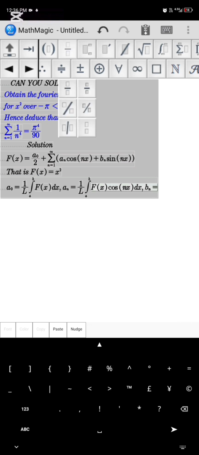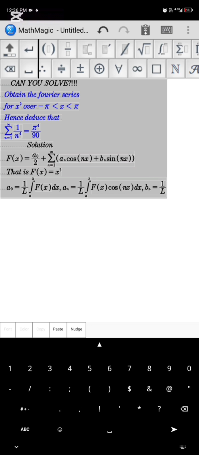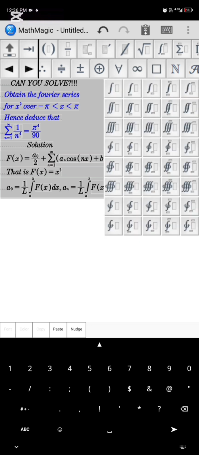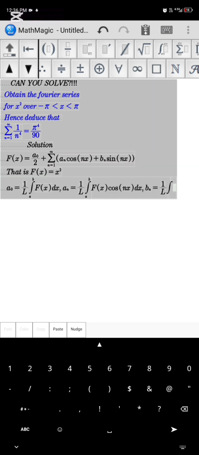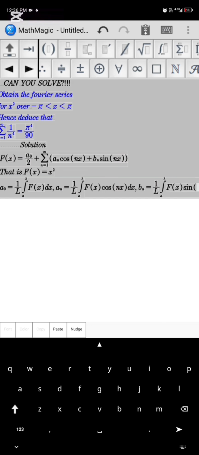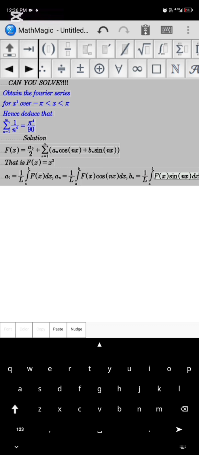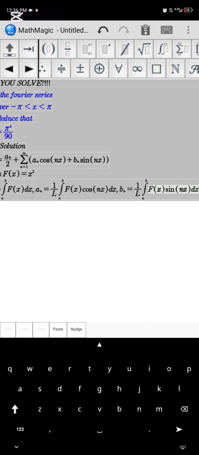It's equal to 1 over L, integral from a to b, of f of x sine nx dx. So we'll be needing those formulas in solving the question.